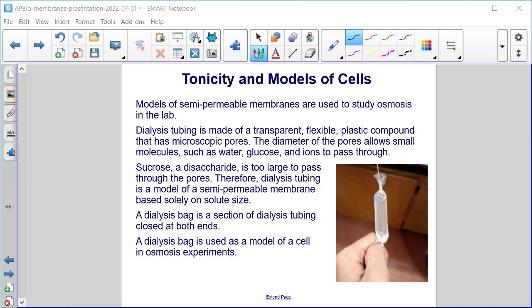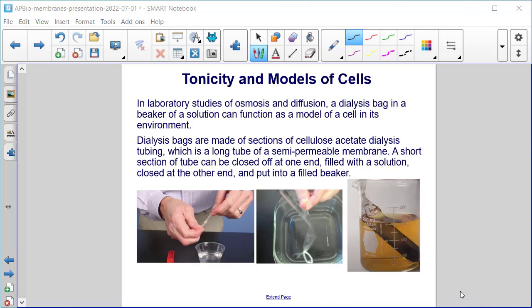A dialysis bag is a section of dialysis tubing closed at both ends, which you can see in the image. A dialysis bag is used as a model of a cell in osmosis experiments. In laboratory studies of osmosis and diffusion, a dialysis bag in a beaker of a solution can function as a model of a cell in its environment.